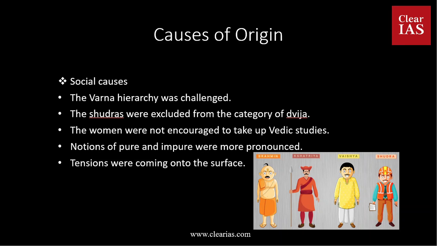The Shudras were excluded from certain ceremonies, for example, the category of Dvij. If you would like to know about the social categorization, or the concept of Dvij, you could also refer to the previous lecture, as we have already discussed these themes there.